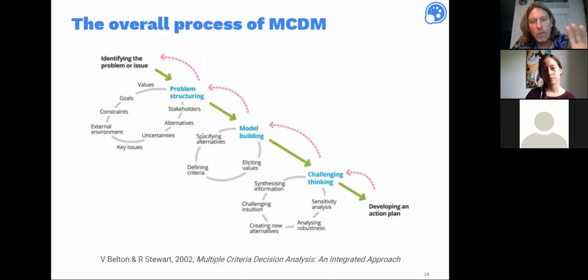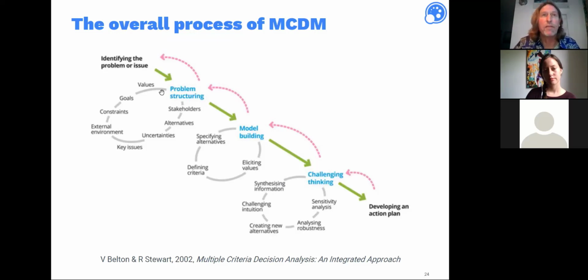I'll stop talking in just a moment, and then I'm going to give a demonstration, but I just wanted to highlight the overall process, which I've sort of been touching on indirectly, but this is a nice sort of roadmap of MCDM. It has a series of stages, you can see them in front of you, but with lots of feedback. So, the very hard bit oftentimes is, well, what's the problem we're trying to solve in the first place? And of course, that's a very human-centered, facilitated process.